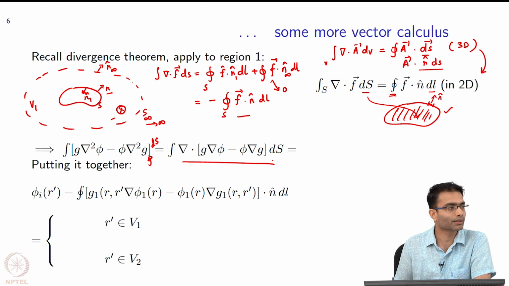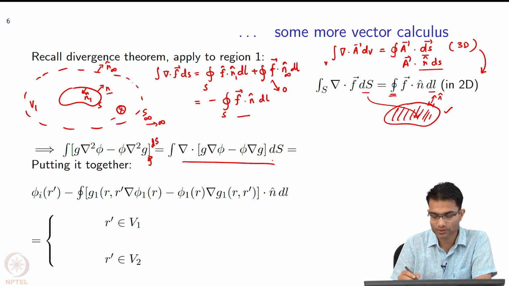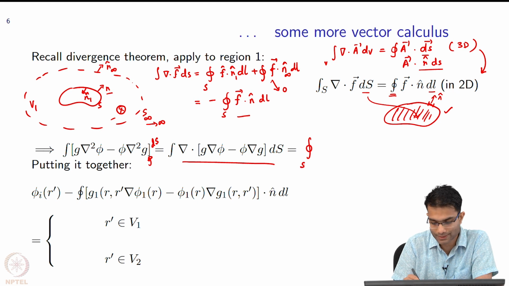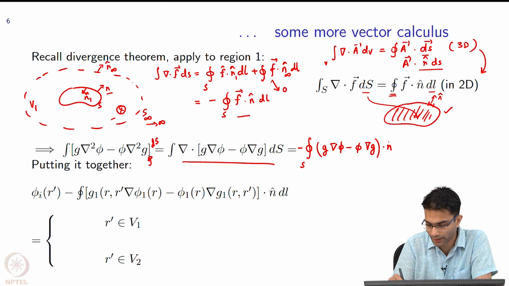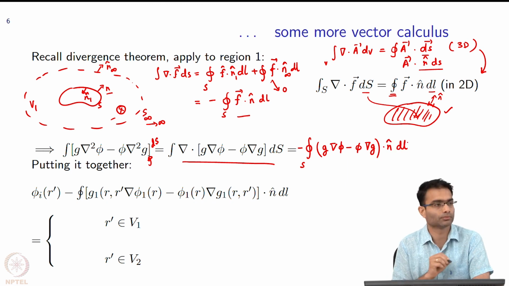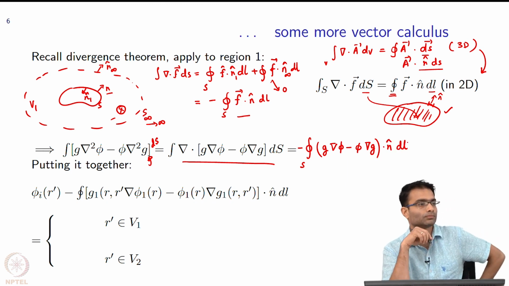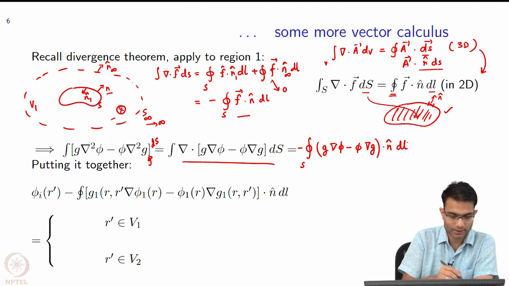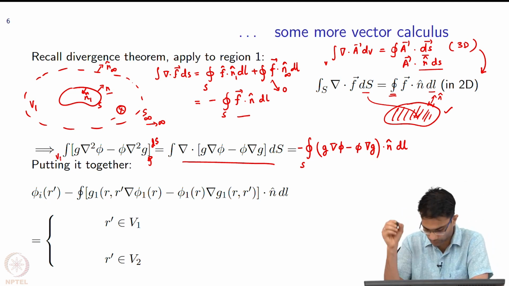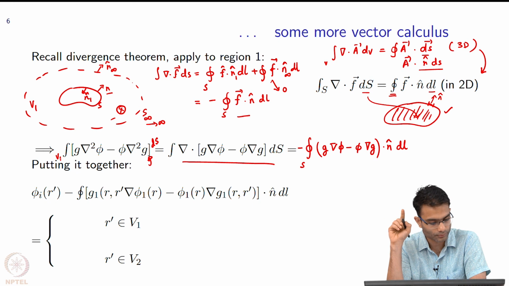Here is where we apply our divergence theorem, and so this will become negative over S, g grad phi minus phi grad g, dot n hat dl, and this is over V1. That fine?